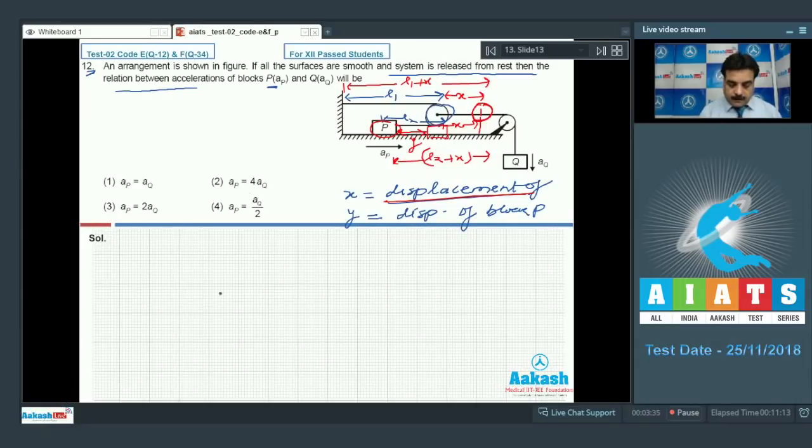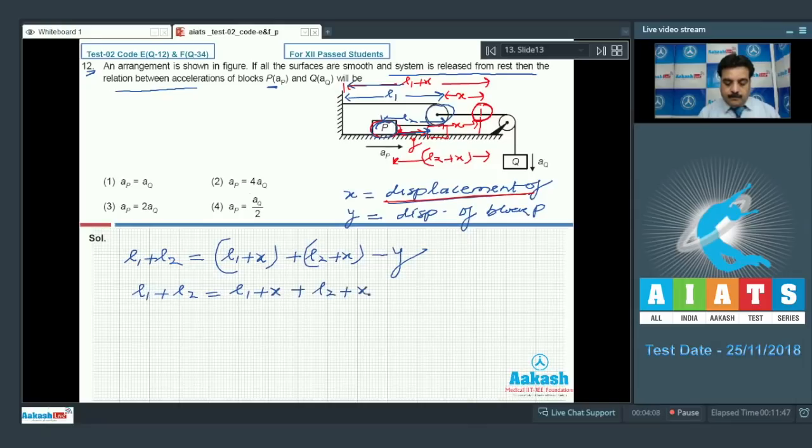So if I go for the constraint relation, the initial length was L1 plus L2, and now this length becomes L1 plus X, and for the block side L2 plus X, but due to the change in position of the block we subtract Y. So L1 plus L2 equals L1 plus X plus L2 plus X minus Y. L1 and L2 will cancel out and you will get 2X equal to Y. You know Y is the displacement of block P and X is the displacement of the movable pulley.